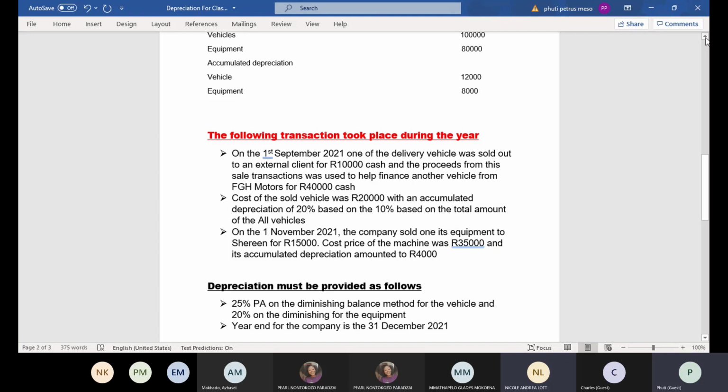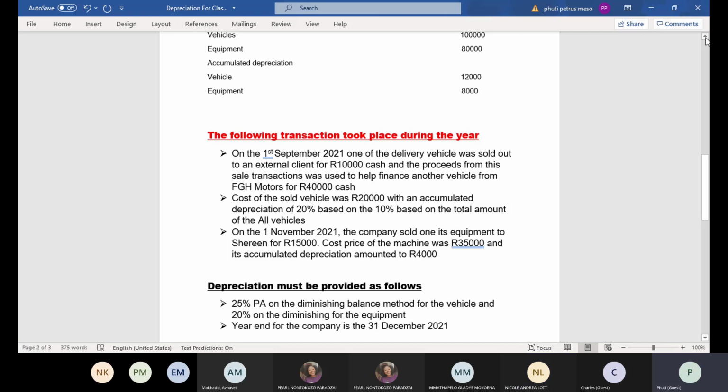So you multiply by what? I would have taken the 100,000 because that's the total amount, and then multiplied that by 10% because it says the 10% is based off the total amount, and then the answer for that I would have multiplied by the 20%. Okay, let me reread again. So you were not going to use 20% twice, right? That's what you're saying. Yeah.